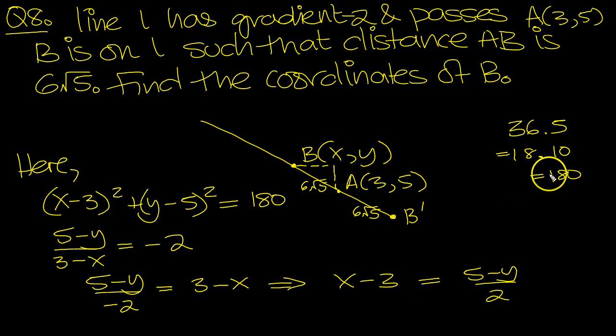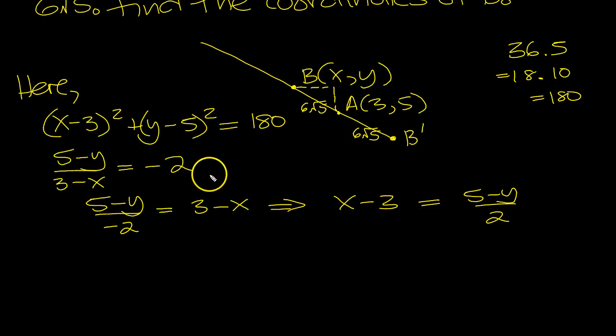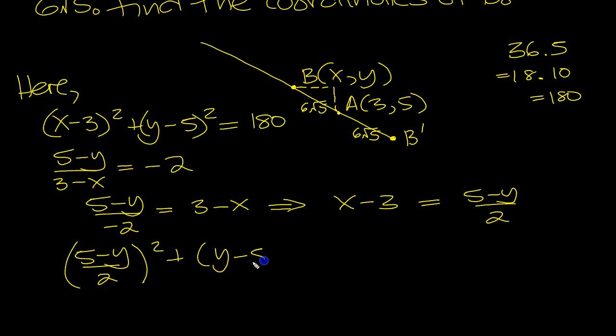So put it in here then, and we can solve for this. So we've got 5 minus y over 2 here, over 2 squared, plus y minus 5 squared equals 180. So we can flip this around. Y minus 5 squared is the same as 5 minus y squared, isn't it?